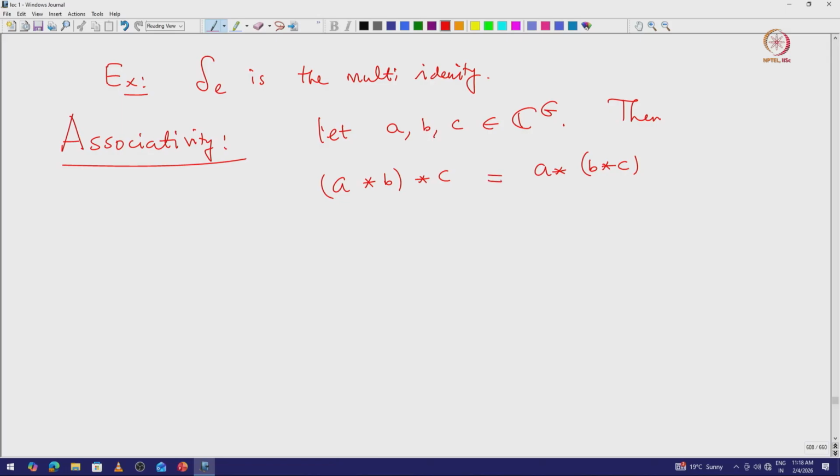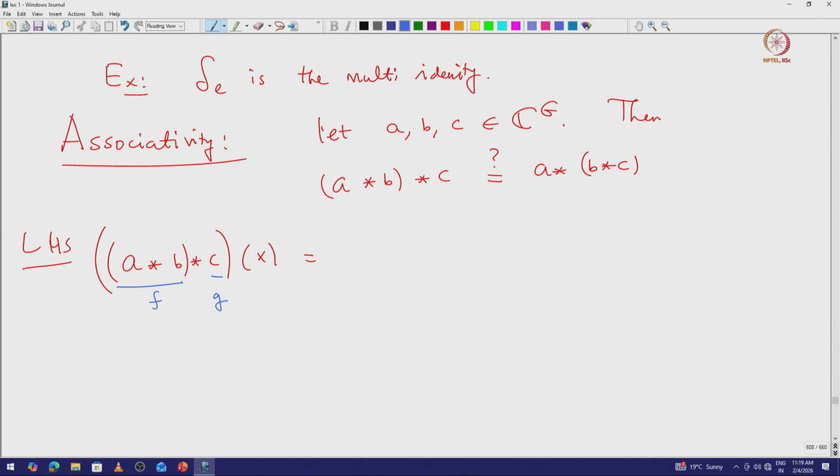We are asking whether these products are equal or not. So let us directly compute it at the value x and see. On the left hand side we have (a star b) star c evaluated at some x. First we will use the definition, so this is like some f, this is like some g.